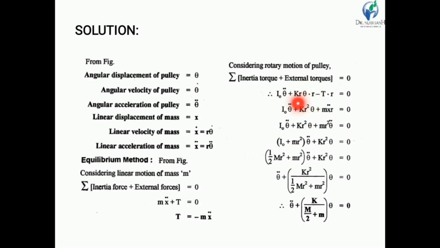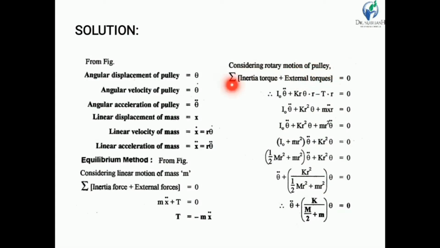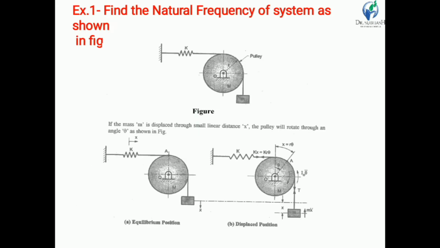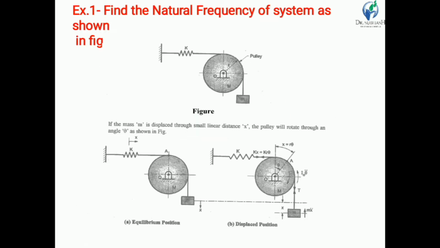So K r into theta. Considering rotary motion of the pulley, according to the D'Alembert principle, the summation of inertia torque plus external torque is 0. Then our system is said to be in equilibrium. As shown in the figure, the pulley is rotating in the clockwise direction, so the inertia torque I O into theta double dot acts in the anti-clockwise direction, plus the external torque.